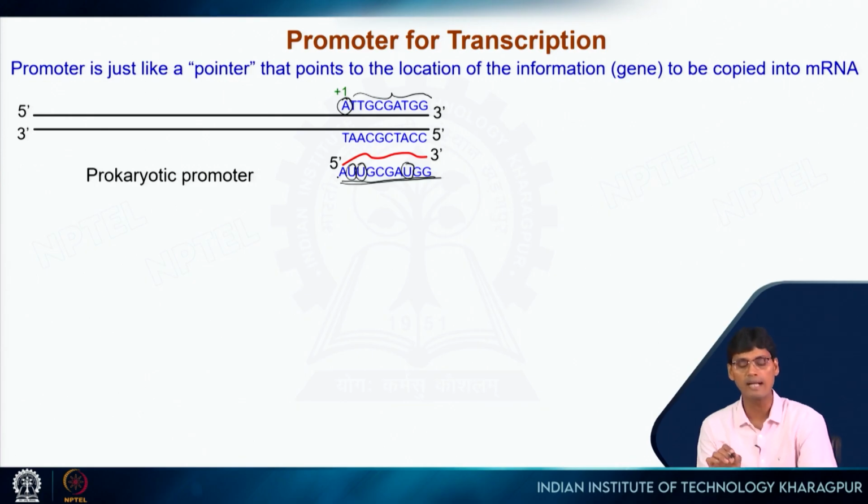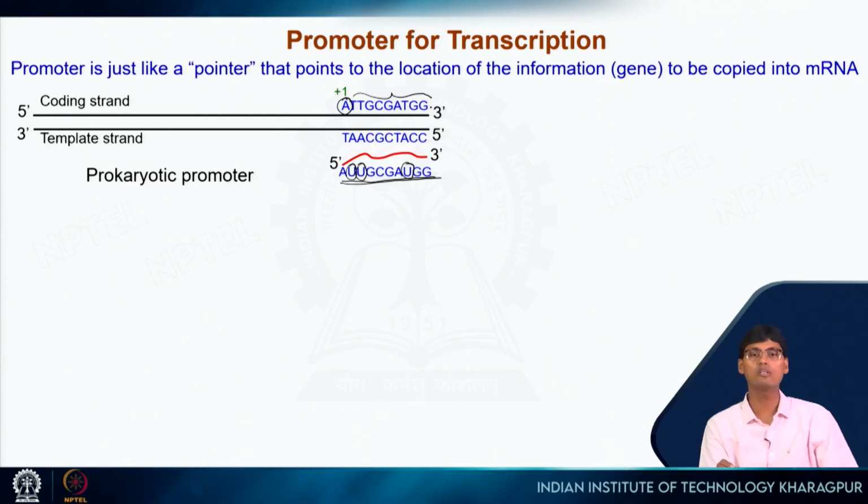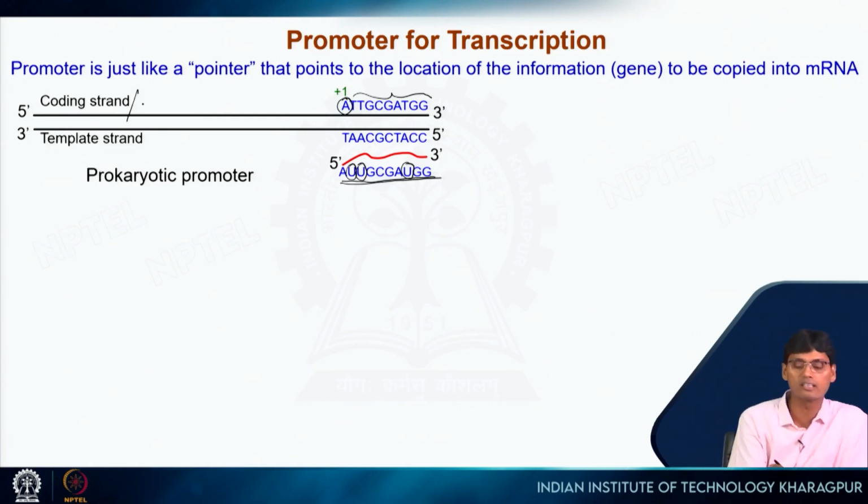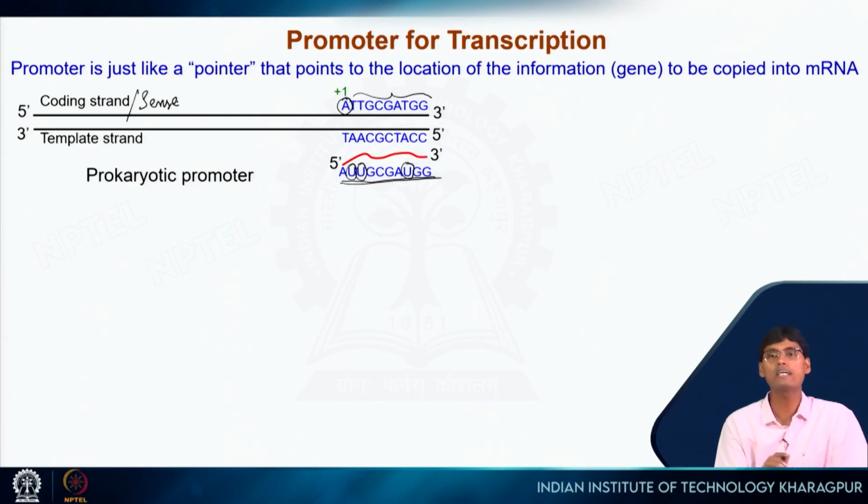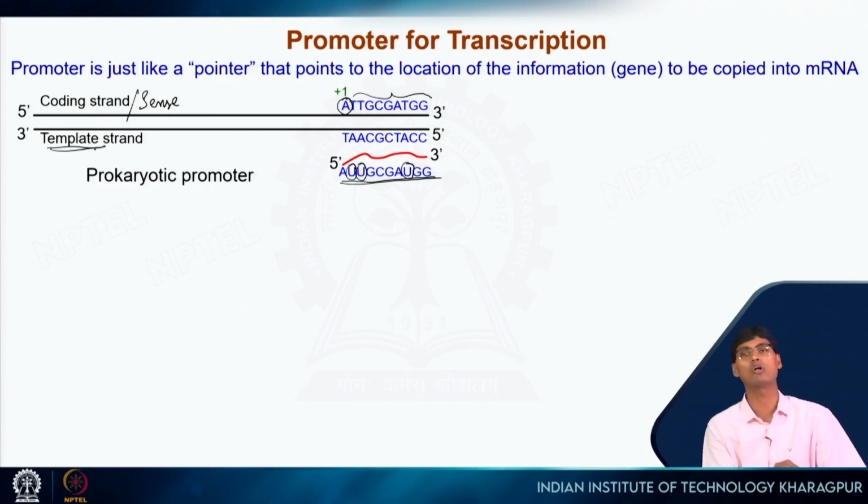As a result, this top strand we would say is the coding strand or sense strand. Whatever information is present, we are directly writing this information in RNA. That is why this is the coding strand. And in order to do that, we use this bottom strand as template strand. Sometimes we also mention it as non-coding strand.